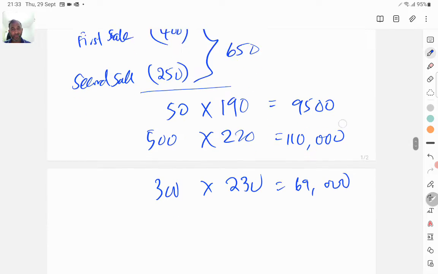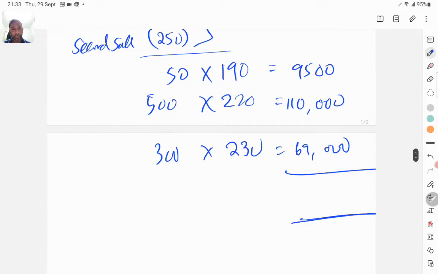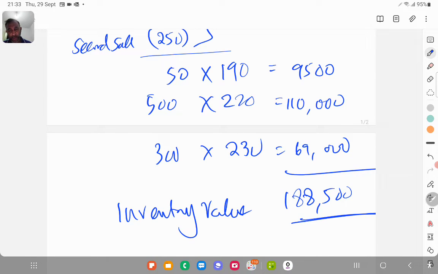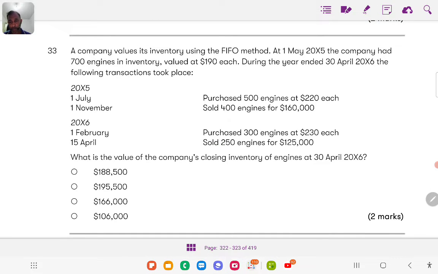The total of these three will be the inventory at the end, inventory value. So that will be, let's see the total, 188,500. So that will be the answer for this particular question, 188,500. That is option number 1.